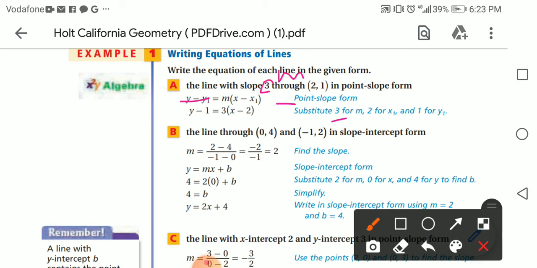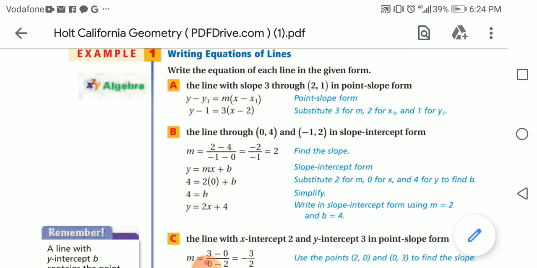And I have here the ordered pair 2 and 1, x sub 1 and y sub 1. Where is y sub 1 here? It's the number 1. And where is x sub 1? 2. So substitute 3 for m, 2 for x sub 1 and 1 for y sub 1.